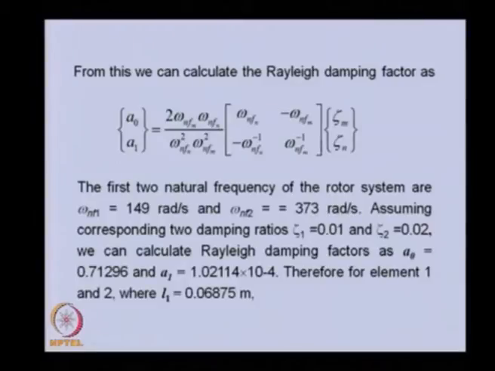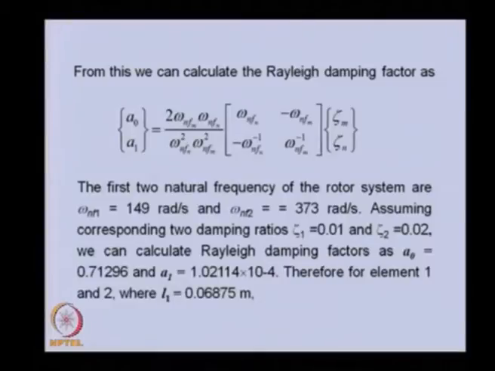Because we are trying to balance this rotor for two critical speeds, we will calculate these factors corresponding to those particular modes. We have chosen the damping ratio for the first mode and second mode like this, and correspondingly we can get these two factors.